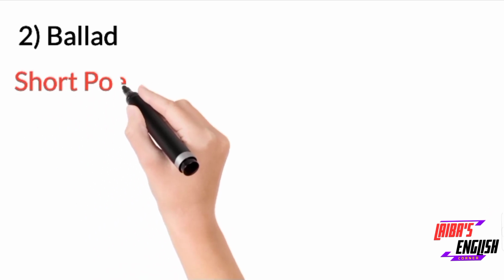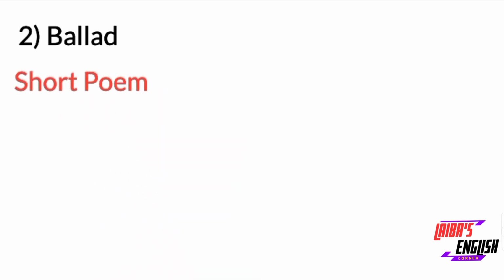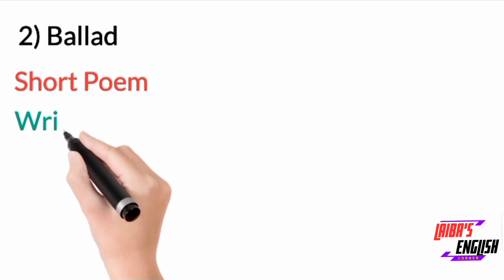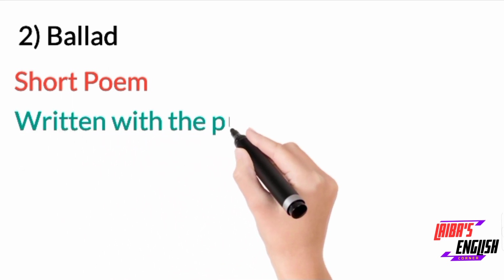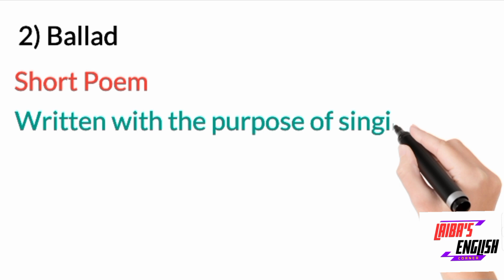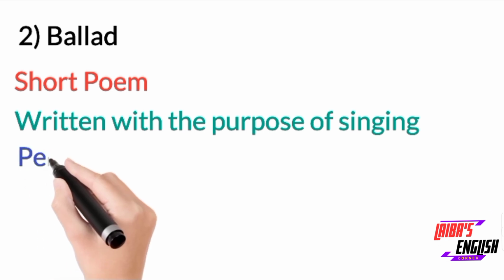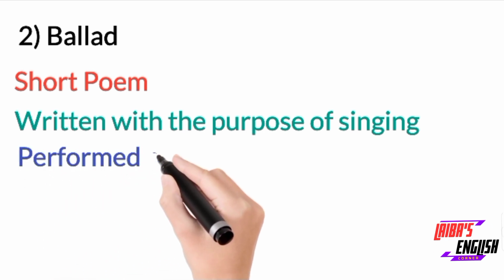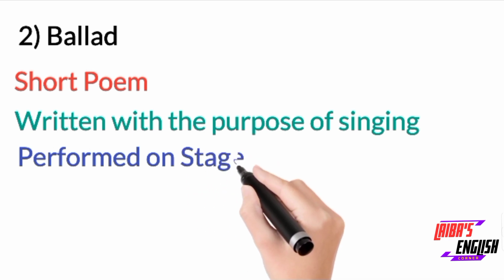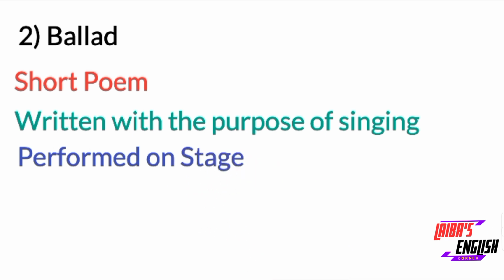Number two is ballad. What is a ballad? Ballad is a form of poetry. Basically, it is a short poem. Ballad is written with the purpose of singing. Ballad is mostly performed on the stage. So the only reason for writing a ballad is singing, to be performed on stage.